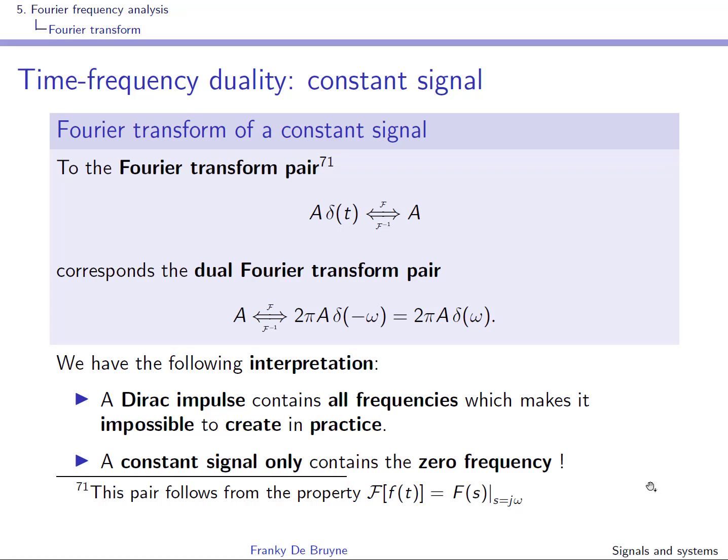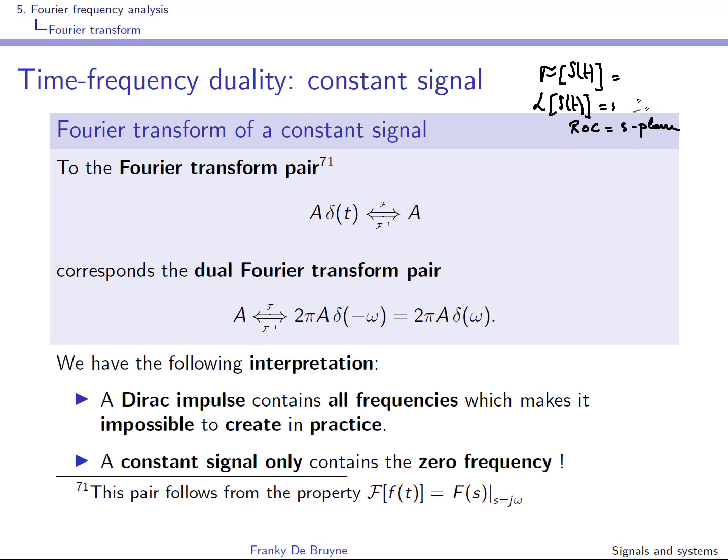So here we compute the Fourier transform of a delta. The idea here is that you can use the Laplace transform. The Laplace transform of a delta is 1, and the region of convergence is equal to the whole S-plane. So sigma equal to 0 is, of course, in the region of convergence.